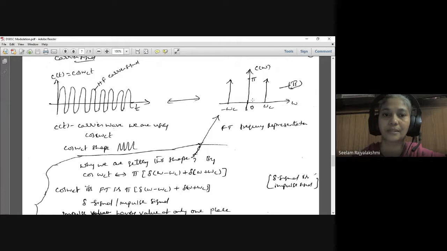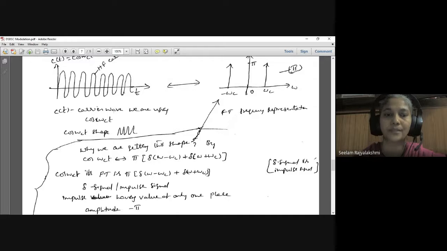Under the Fourier transform, cos omega ct gives pi times delta of omega minus omega c plus delta of omega plus omega c. That means whenever we apply the Fourier transform with the frequency shift to this carrier wave, we obtain pi delta omega minus omega c plus delta omega plus omega c.